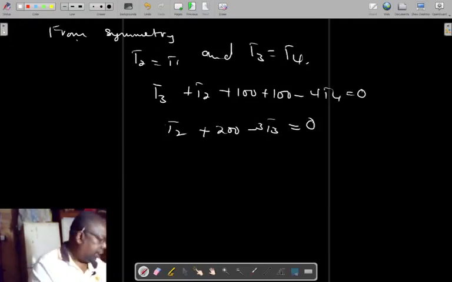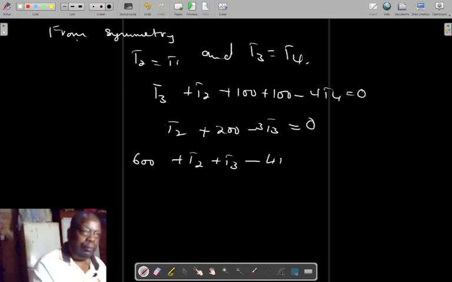and then we can take the first equation, whereby we had 100 plus 500, so that becomes 600, plus T2 plus T3 minus, instead of 4T1 we'll put 4T2, is equal to 0. So 600 plus T3 minus 3T2 is equal to 0.